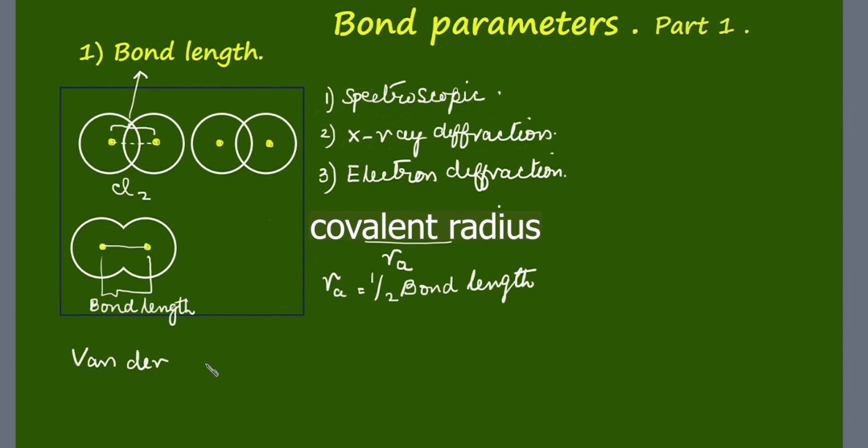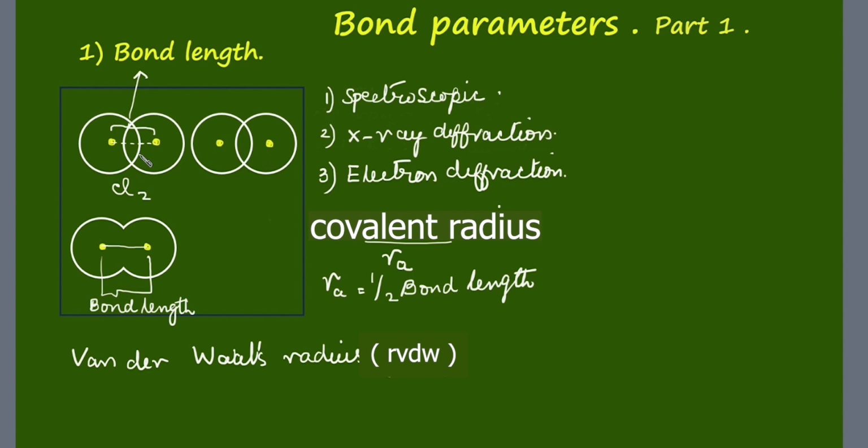What is van der Waals radius? Represented as small r v small d w. Van der Waals radius represents the overall size of the atom, which includes the valence shell in a non-bonded situation. So for that, we have to consider two molecules.